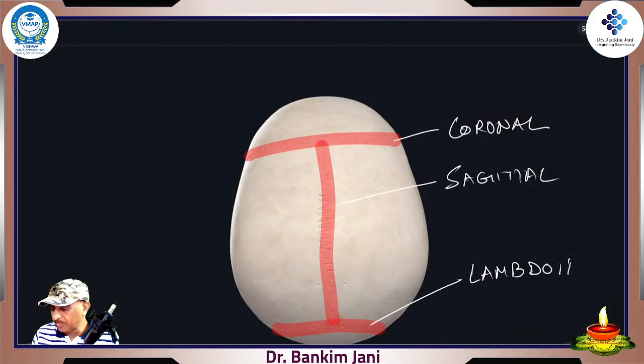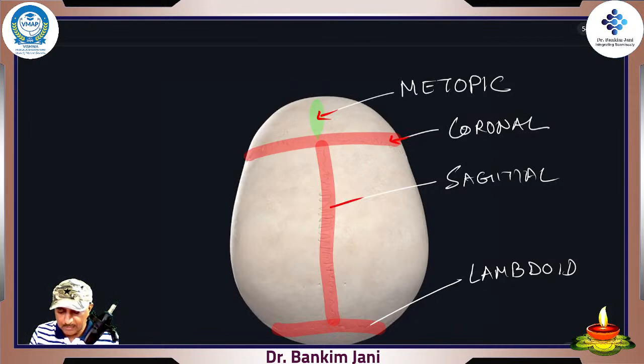Now this reminds me of one more suture present over here. Later on it fuses. It is also called the metopic suture. That's how these sutures are arranged: this one, this one, this one, and this one.